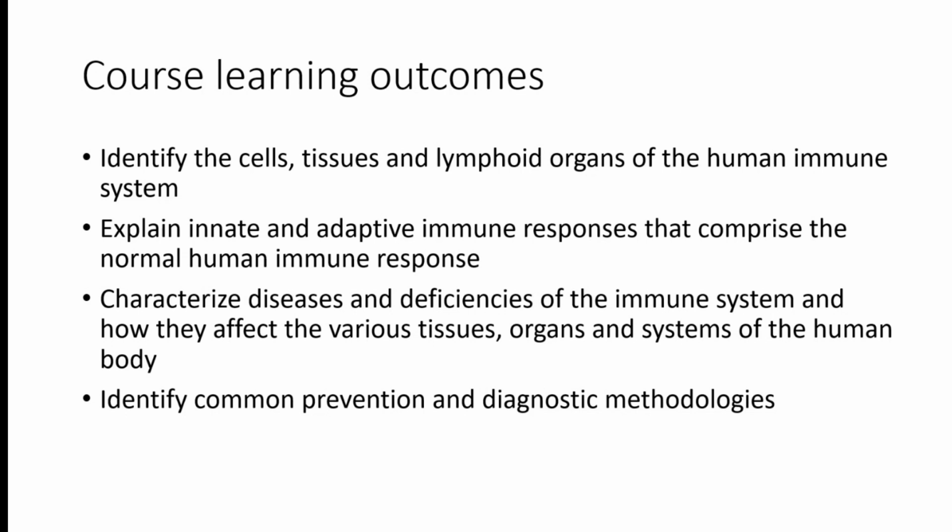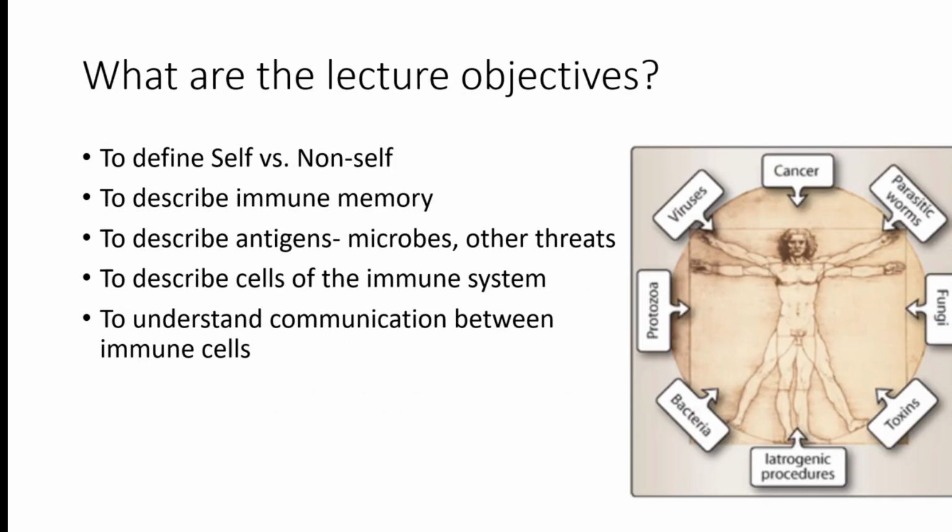So we'll look at diseases and deficiencies of the immune response and what the outcomes of those are. And then finally, how might we diagnose that and how might we prevent some of the abnormal outcomes with regard to the immune system.